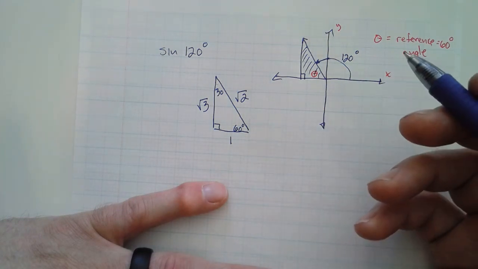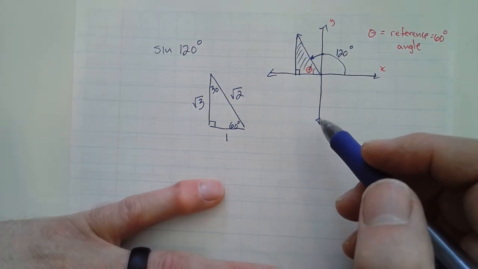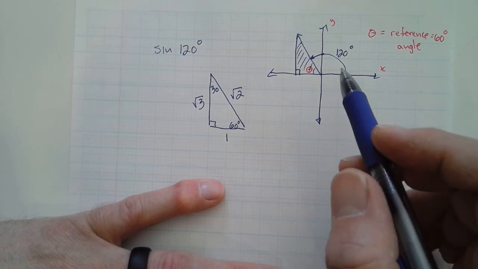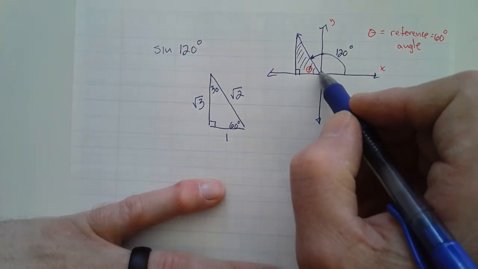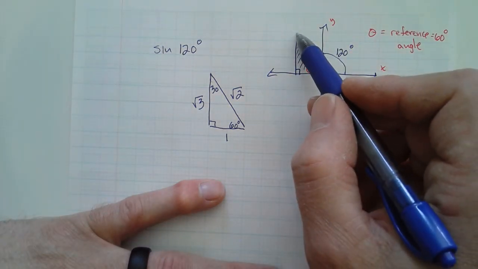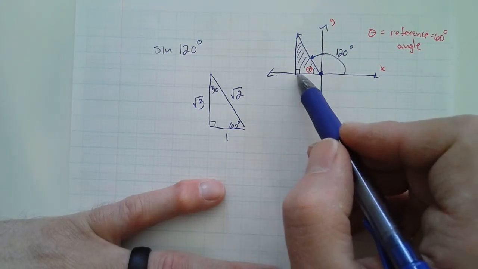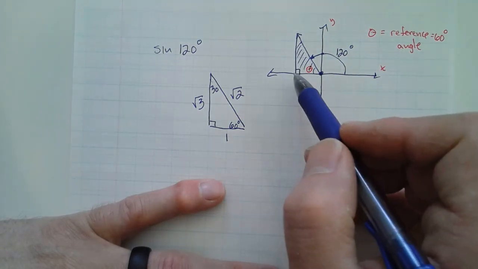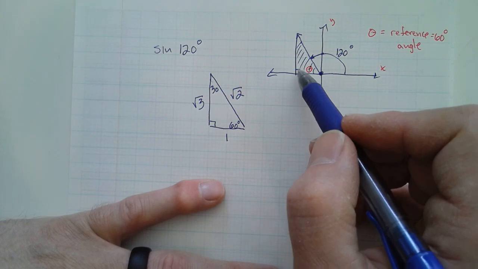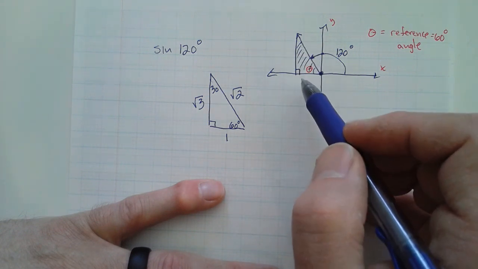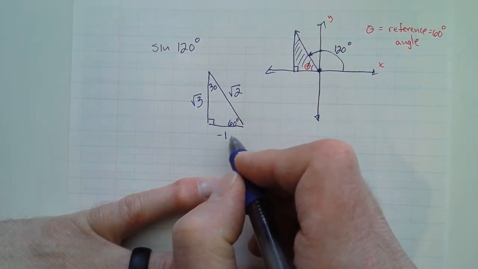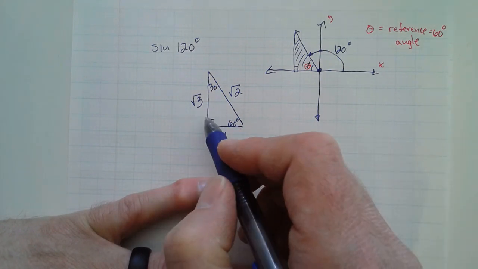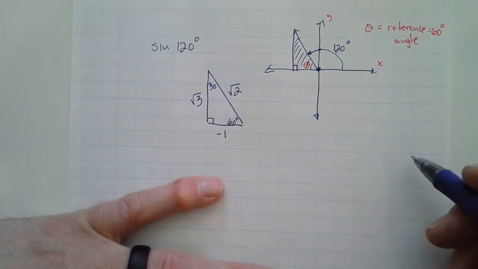We always say distance is positive, but for evaluating these sorts of things, it's easier to consider it positive and negative. So from this point to get to here, I went left, and going left is a negative direction, and then I went up, which is a positive direction. So I'm going to label that -1 and positive square root of 3.